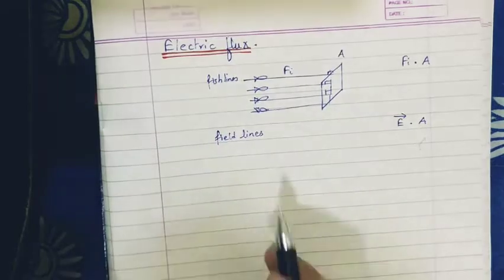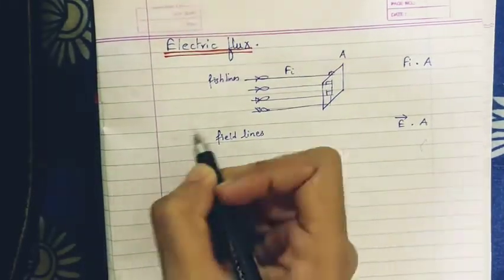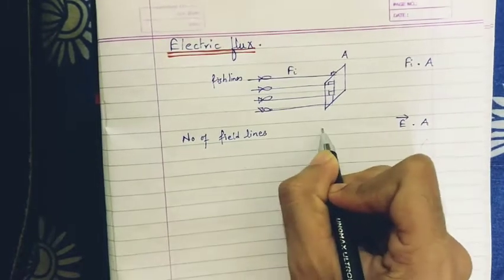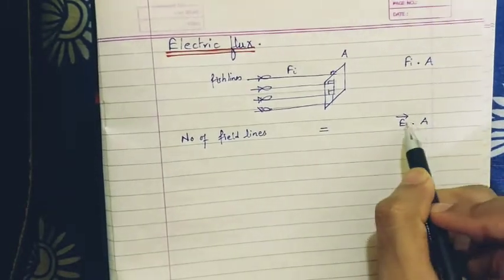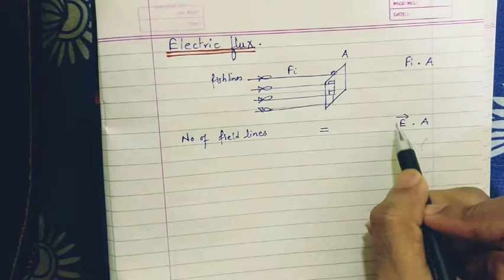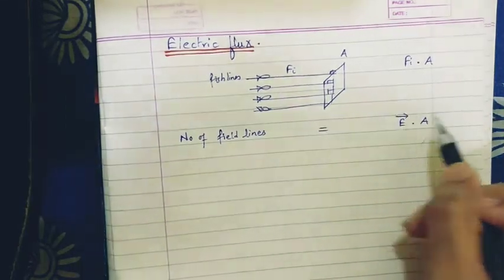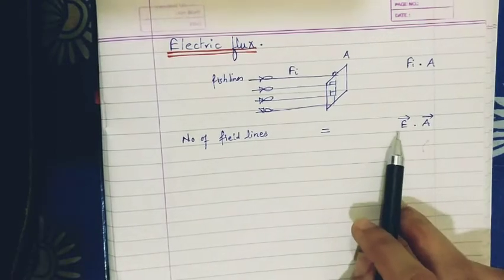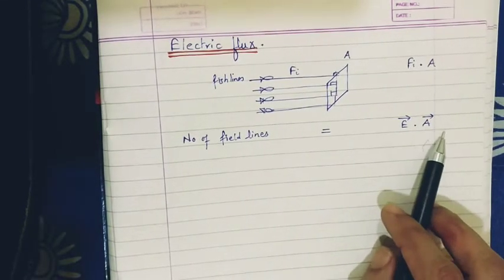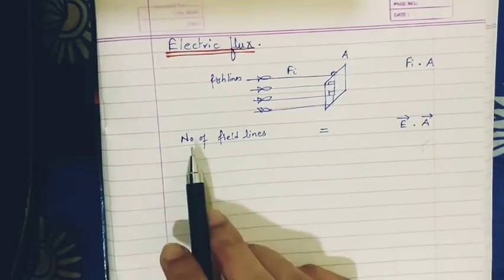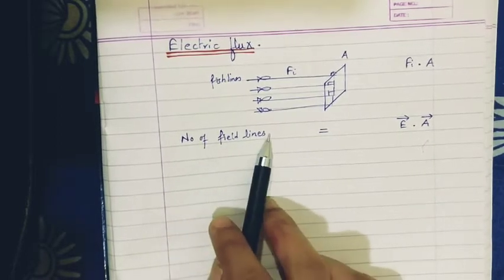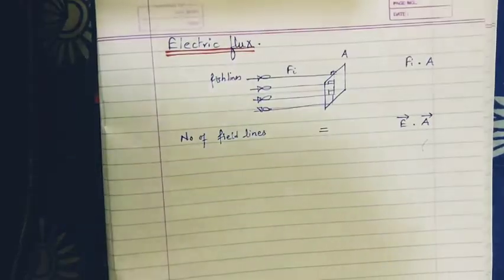So basically the number of field lines will be equal to the electric field vector dot the area vector. The dot product of the electric field strength and the area vector is going to give you the number of field lines, and the number of field lines is nothing but the electric flux.